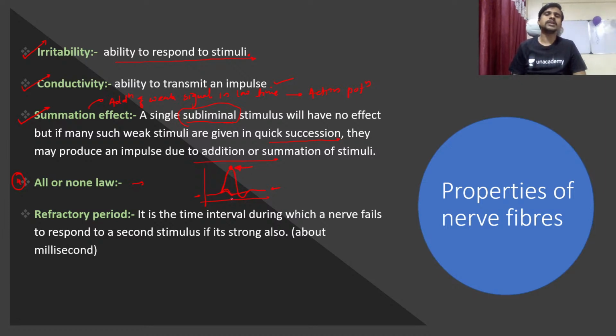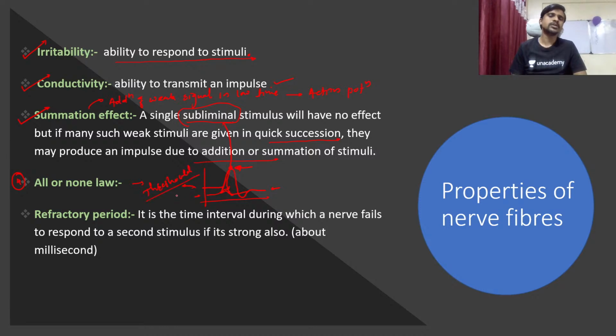That signal, the subliminal signal, will vanish here, and it will not result in an action potential because it is not going to attain the threshold stimulus. So here is your threshold stimulus.